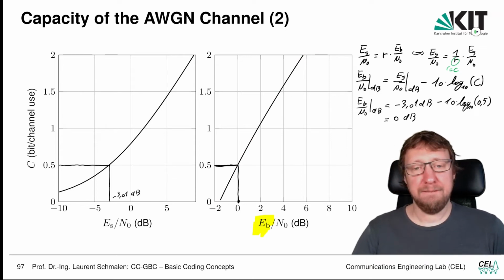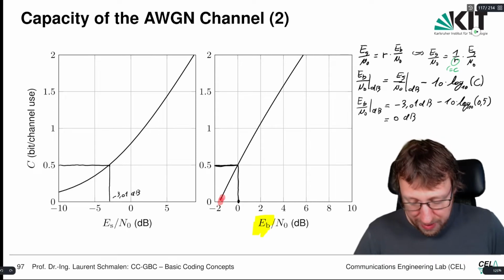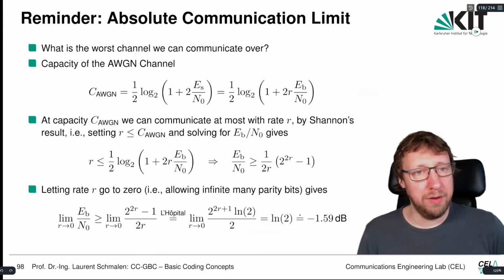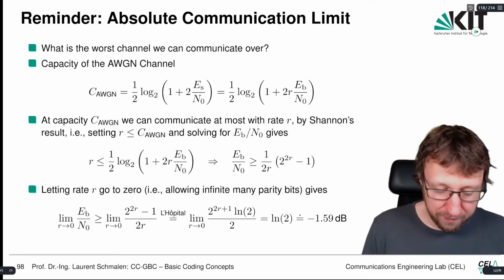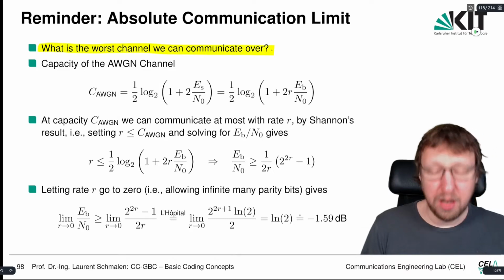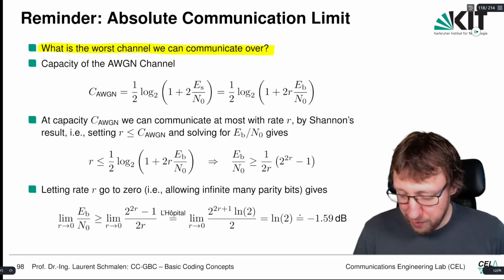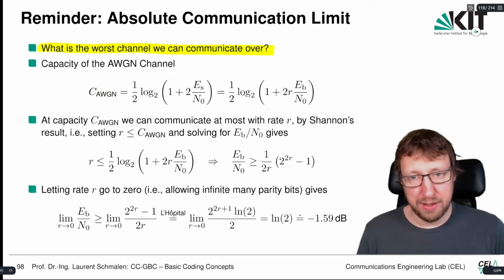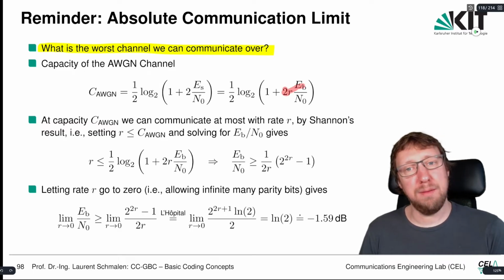Okay, now we see this curve converges to some value, and we can also calculate this value. That is the absolute communication limit, the worst channel we can communicate over. In order to calculate this, we start from the capacity expression. We have our AWGN capacity, 1/2 times log 2 of 1 plus 2 times the rate times EB over N0.